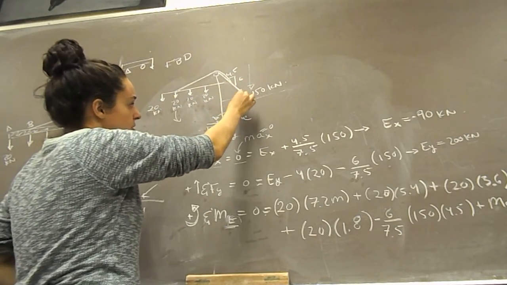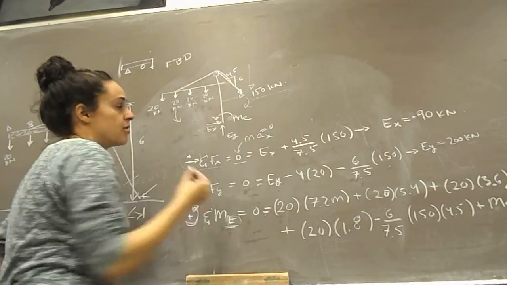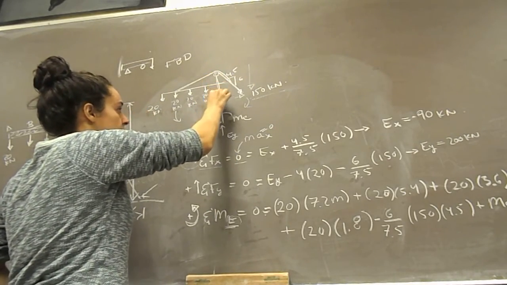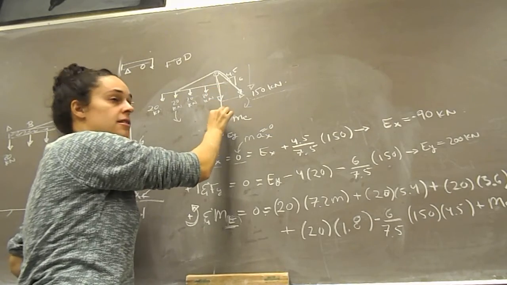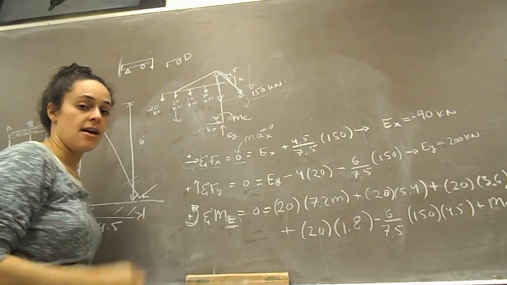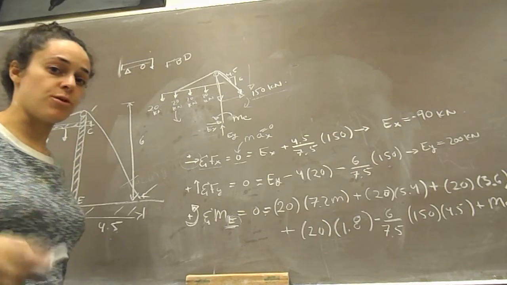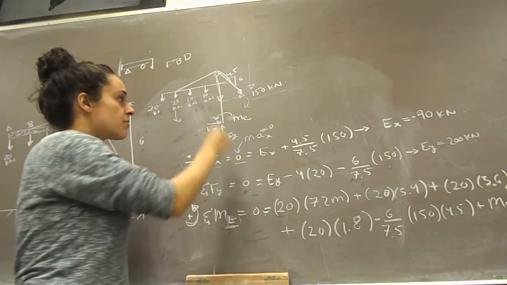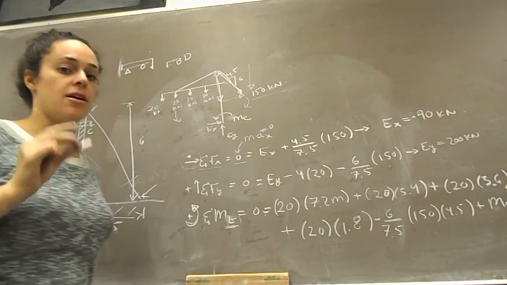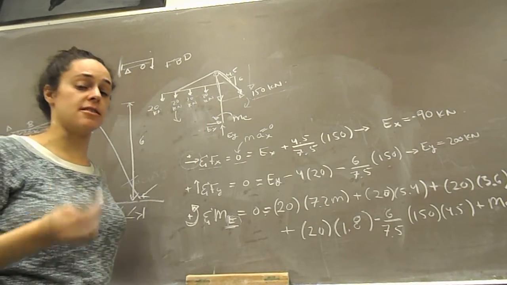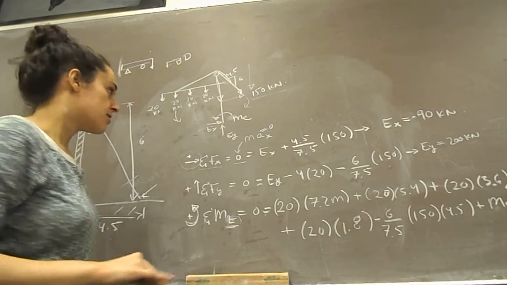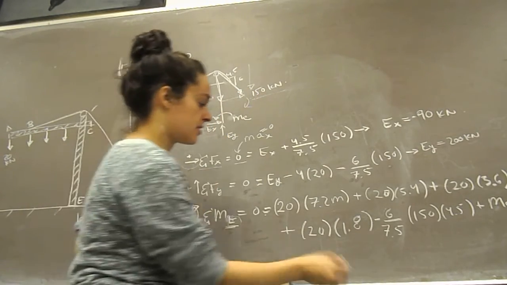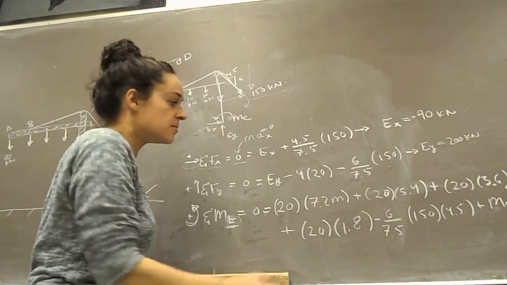And notice that it's only going to be the horizontal component that's going to cause this, because remember, the vertical component passes through that point that we're interested in. And remember, if the force passes through that point, it's not going to cause a moment. So we do not care about the vertical component of that 150 because it's not going to cause a moment. What we care about is this horizontal component. So that's exactly what we do here.